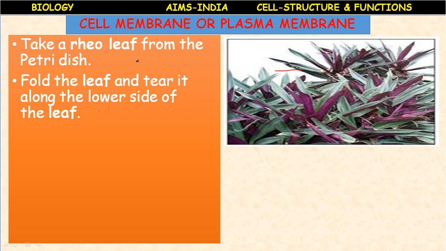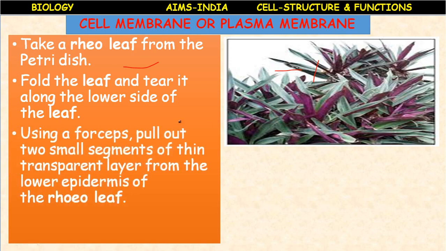Take a Rhoeo leaf from a petri dish, or isolate a leaf from this plant, and fold the leaf and tear it along the lower side of the leaf. You can fold and tear the lower side of the leaf.